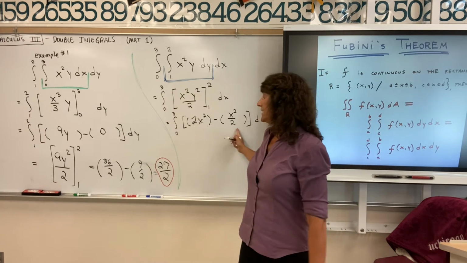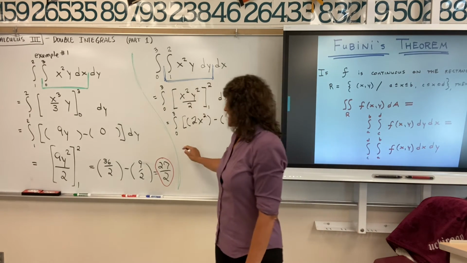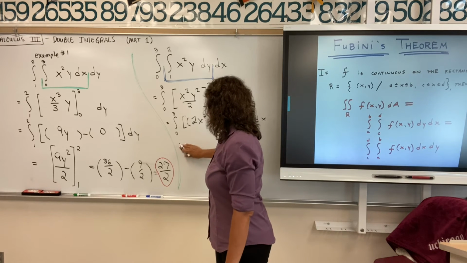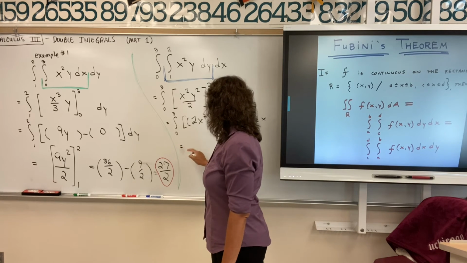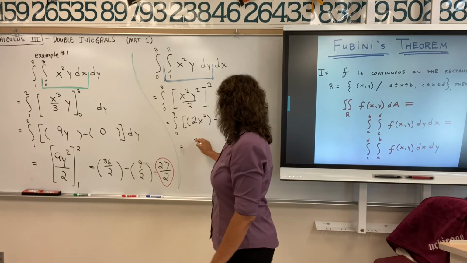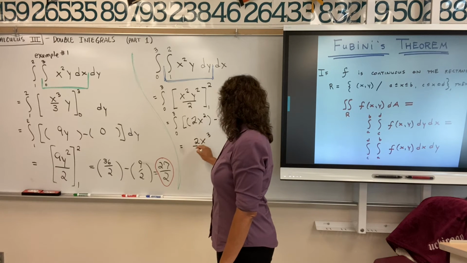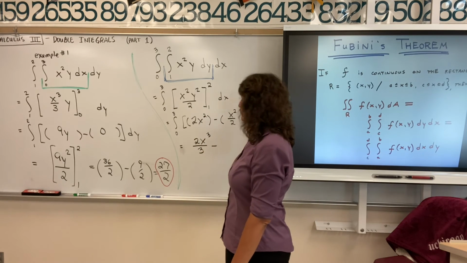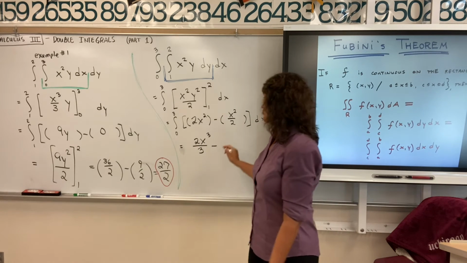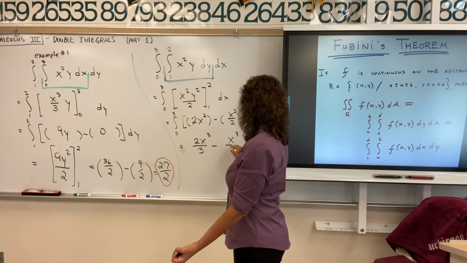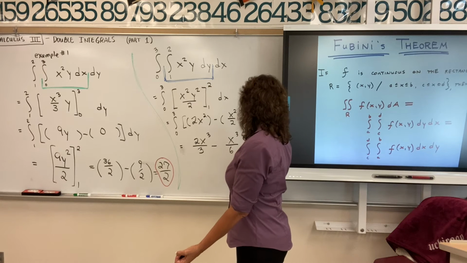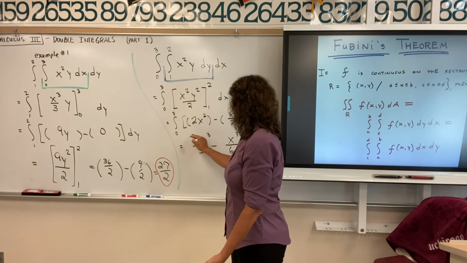Now we can go ahead and integrate each of these terms with respect to x. We integrate the 2x squared, you're going to get 2x cubed over 3, okay? Integrate x squared over 2 with respect to x, you're going to have x cubed over 6. Evaluate this from 0 to 3, okay?